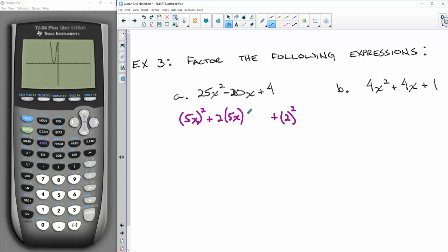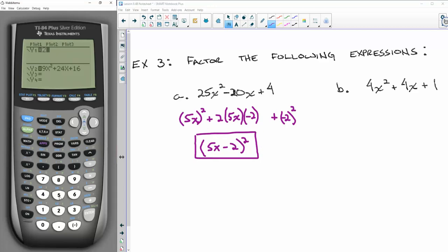You know what? I think it's going to be times negative 2, though. Let's throw a negative in there. Yeah, because that works, right? So it would be negative 10x doubled is 20x. All right, so I could rewrite this as 5x minus 2 squared. Let's go to the calculator and check that out.